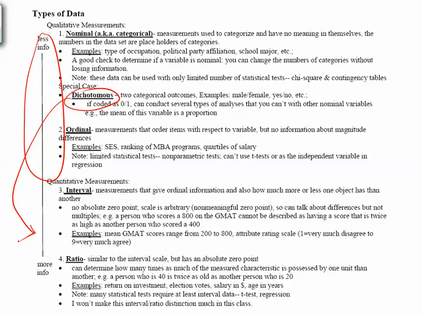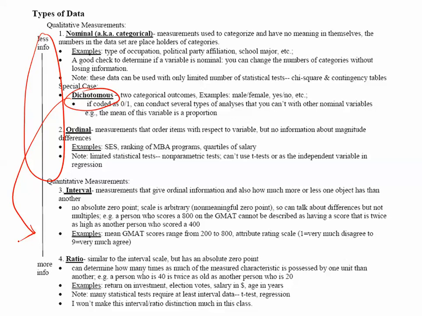So there's two types of quantitative data. The first is interval and the second is ratio. How they differ is not so important as you understand the difference between a quantitative measure and a qualitative measure. So in a quantitative measure, there is not only order, but there is also interval.